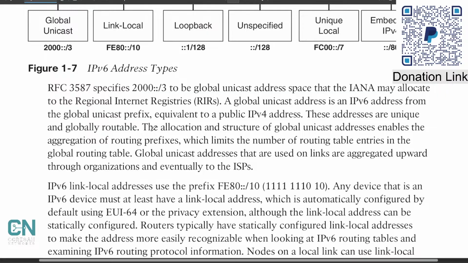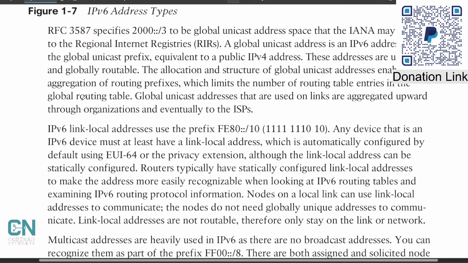These addresses are unique and globally routable. The allocation and structure of global unicast addresses enable a global routing table, and they are used on links or aggregated through organizations and eventually to the RIRs.